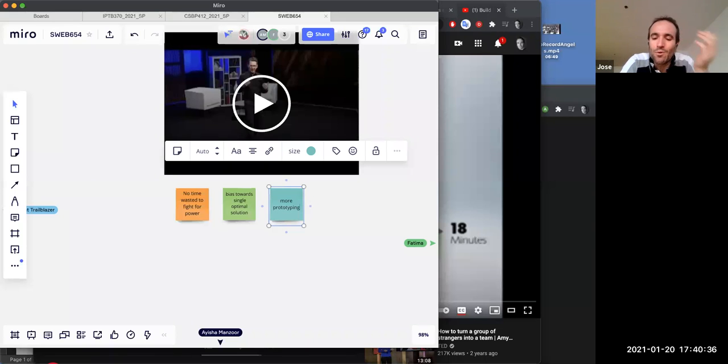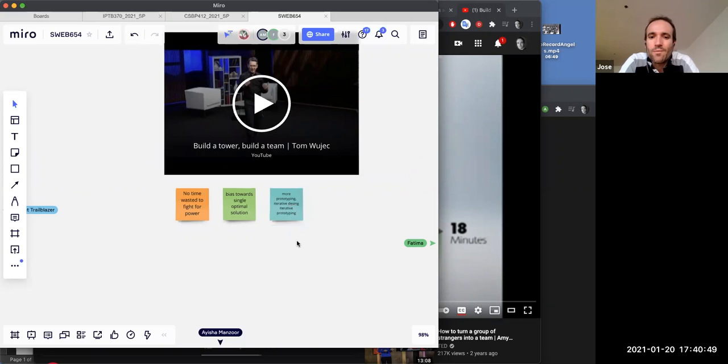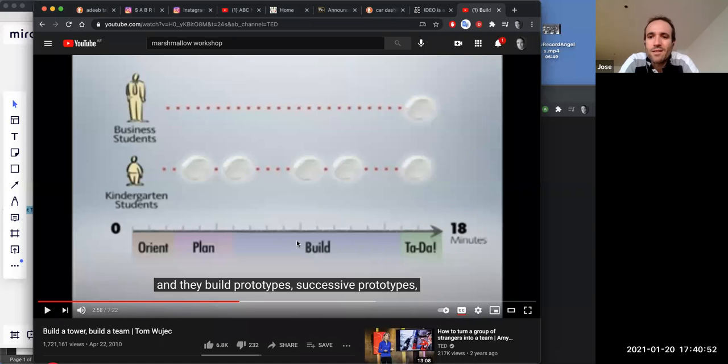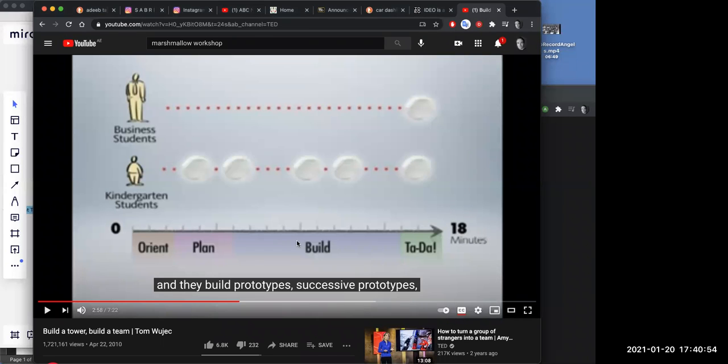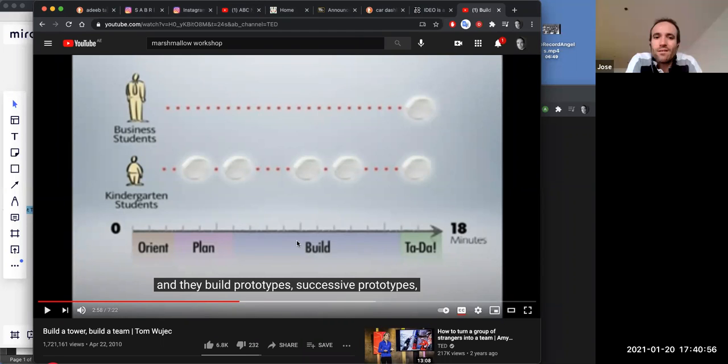And we call that more prototyping, also known as iterative design, iterative thinking, or iterative prototyping, which means basically you try things and get feedback as quickly and cheaply as possible to improve. So that's an iterative strategy, right?